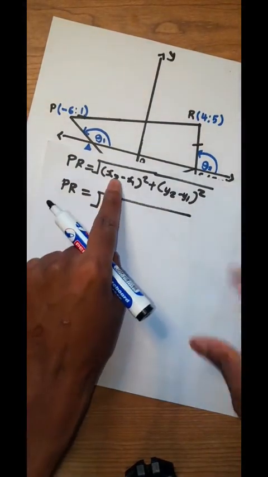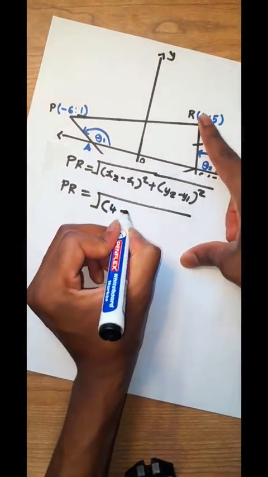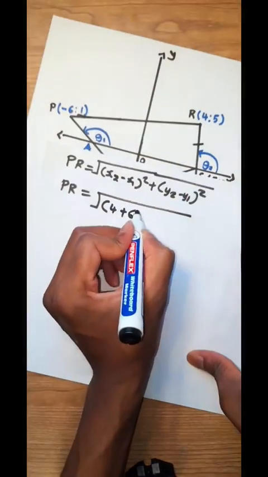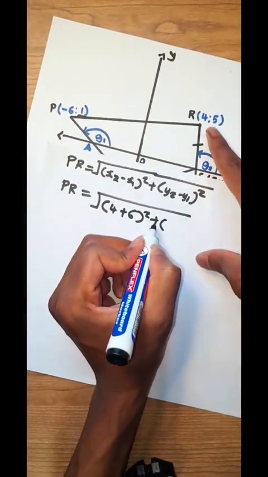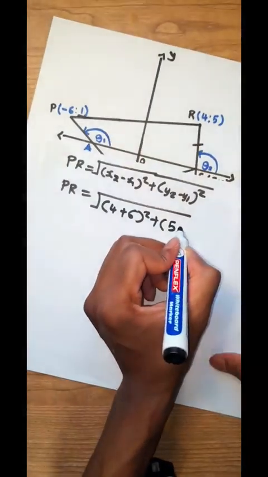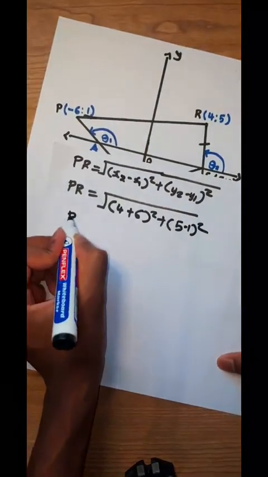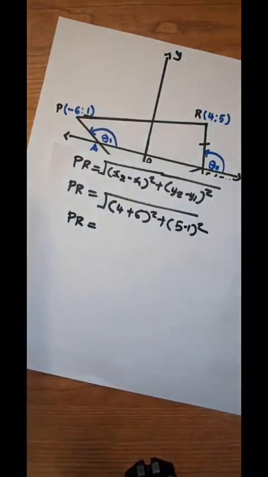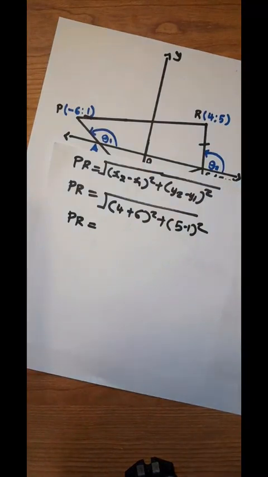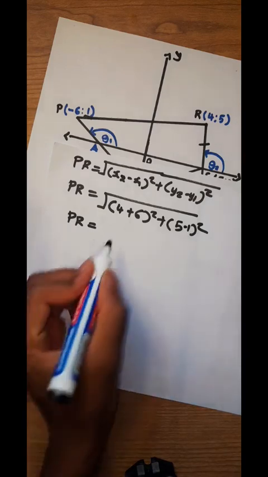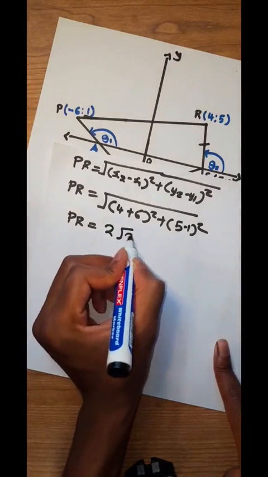So let's say x2 is 4 and x1 is minus 6, and then we square it, plus y2 is 5 and y1 is 1, and then we square it. So I want to find PR, obviously in surd form. If I hit this on my calculator, I get 2 root 29.